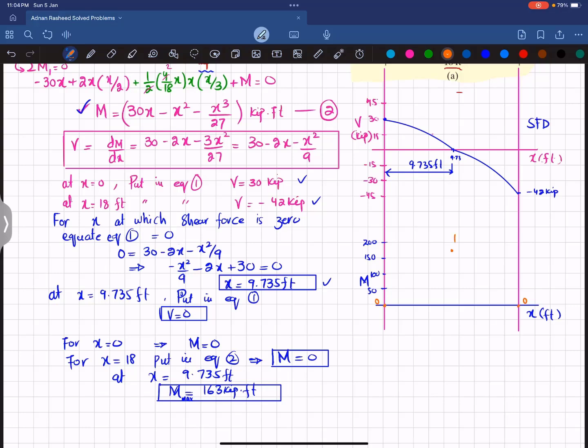Let this point be 163 kips into feet. So if you plot it, you will get a curve like this, which will be your bending moment diagram.